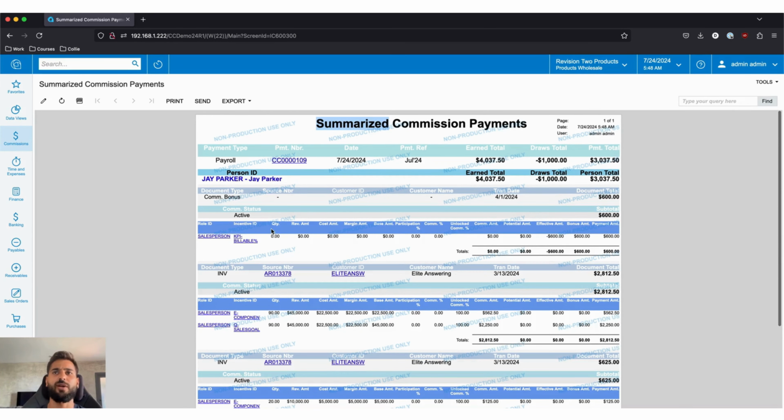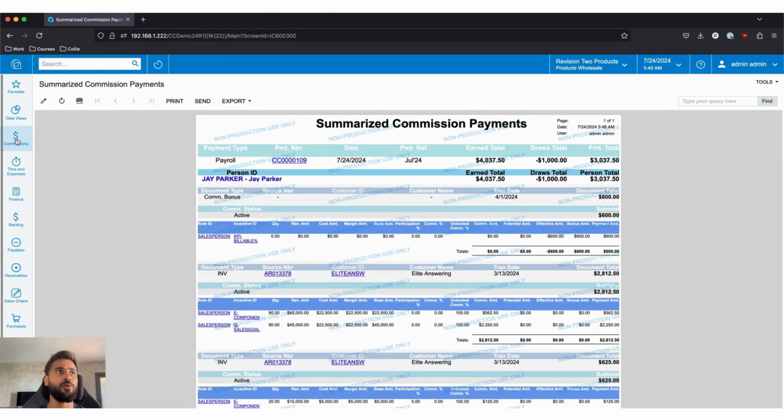So this is a summarization by invoice. But at the top, he's going to see this information. He has earned this amount of money, okay? Nevertheless, he's consuming this amount of money in draws. And by the end, he's receiving this amount in payments, okay? So the report reflects this kind of draws transactions as well, okay?